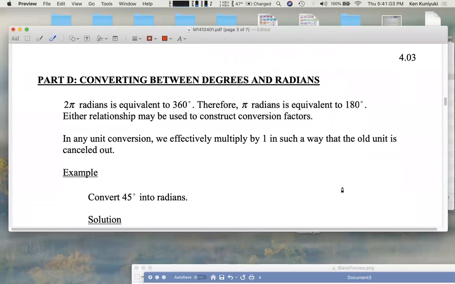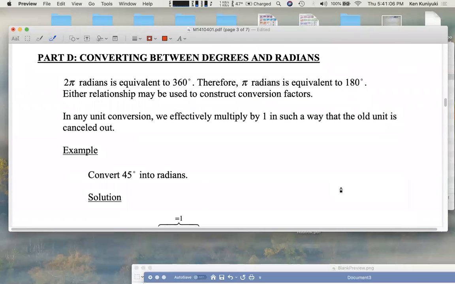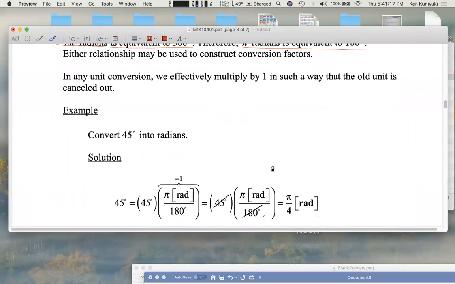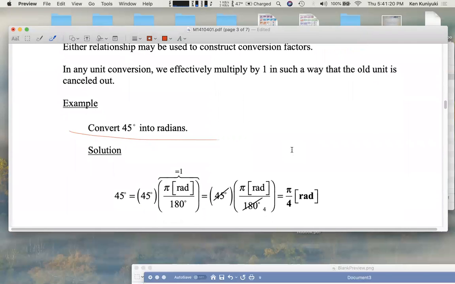More on conversion. Converting between degrees and radians. Pi radians is equivalent to 180 degrees because 2 pi radians is equivalent to 360 degrees. So to convert 45 degrees into radians, what would you do? You have 45 degrees. You want to multiply by 1 creatively so that the degrees, the unit you want to kill out, is in the bottom, and radians, the unit you want to introduce, is on top.